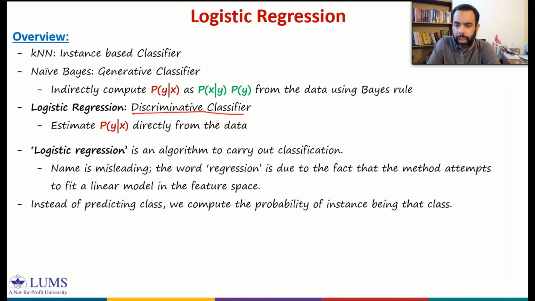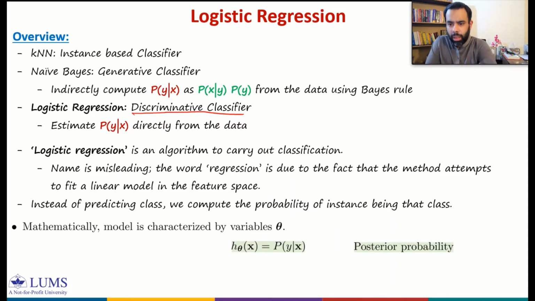So instead of predicting a class, we compute the probability of an instance being in that class. Mathematically, it simply means that we want to define a model in logistic regression that is characterized by some parameters theta. The hypothesis function depends on these parameters, takes an input x, and computes the probability of having a label y given x, which we call the posterior probability.